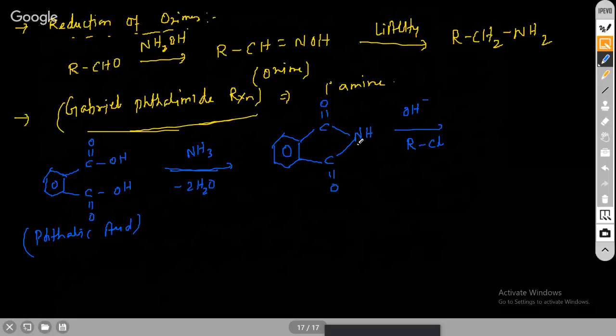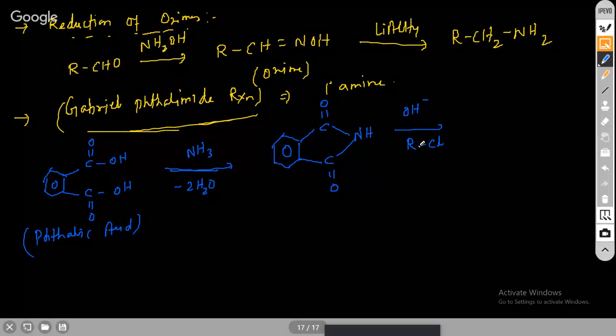The NH2 you get in the final product comes with this R only. You'll get RNH2 as the product. So if you have to form ethylamine, then you write CH3CH2Cl. For methylamine, CH3Cl. Like that, you can use this alkyl group here, and you'll get the desired product, right?